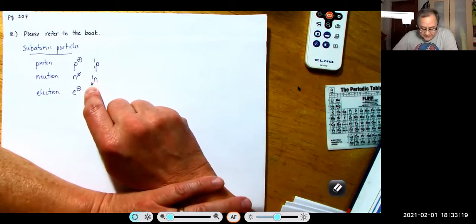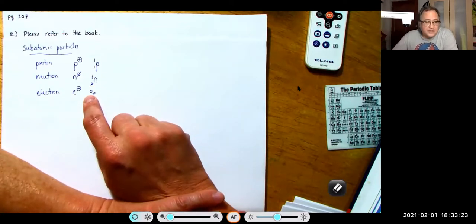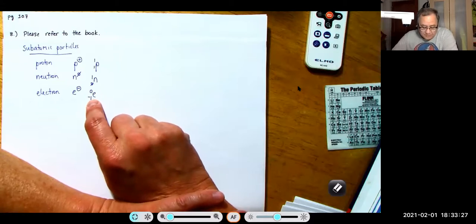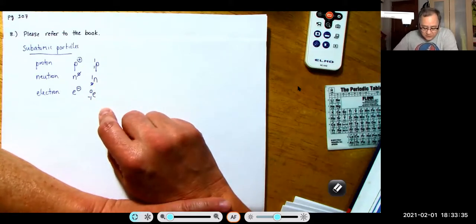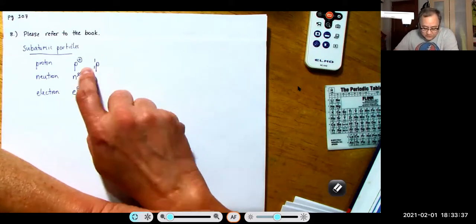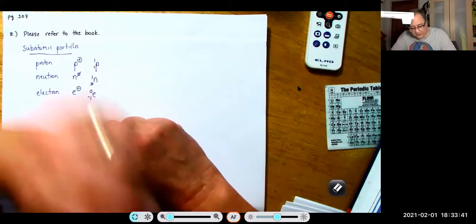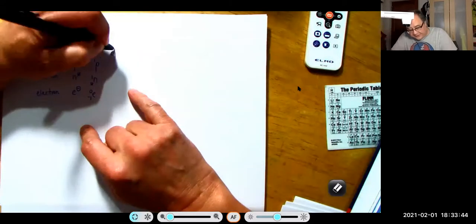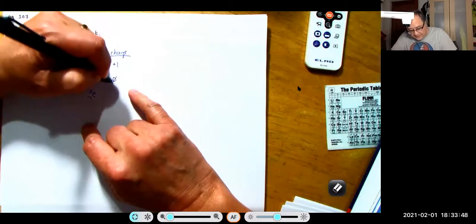Zero. It doesn't work for the electron. The zero works because how many protons and neutrons do you have? None. But you can't have a -1 proton. So usually when we look at this bottom number, it refers to the charge on the particle. Protons are +1, neutrons are 0, electrons are -1. So the charge on each of these is +1, 0, and -1.